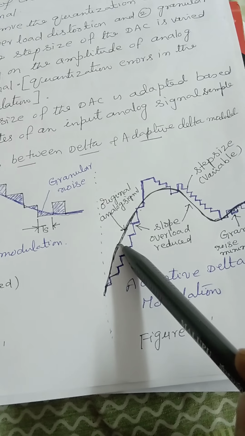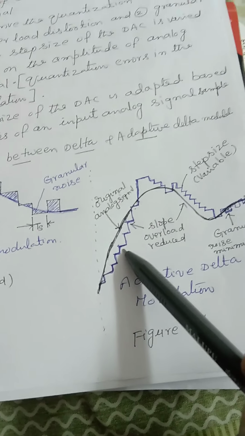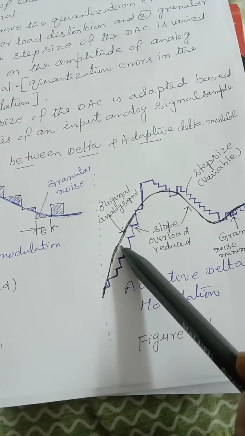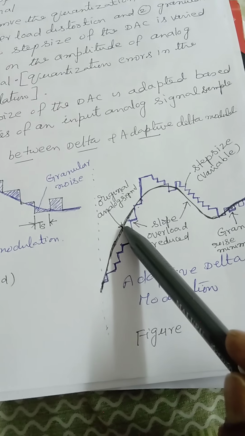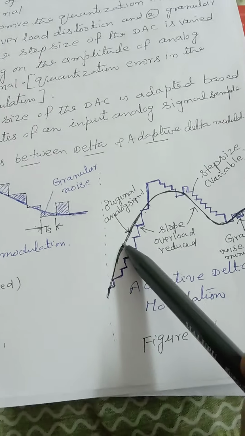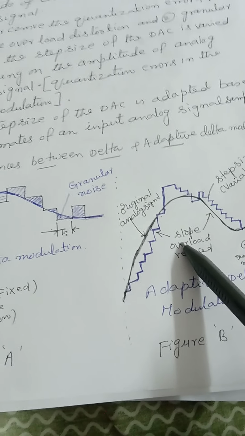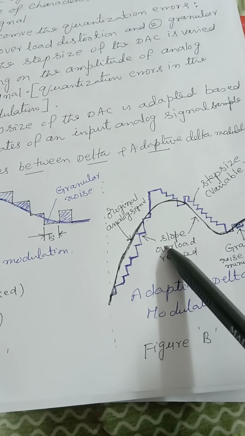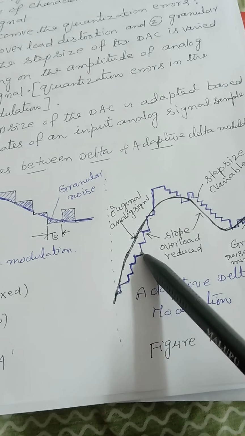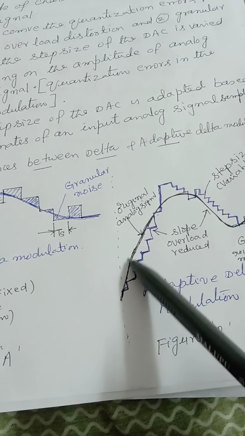Now you observe between the original analog signal and the step size, there is minimum difference between the analog input voltage and the step size of the DAC. Therefore, slope overload distortion is reduced. This is because the step size of the DAC is varied according to the input analog signal.